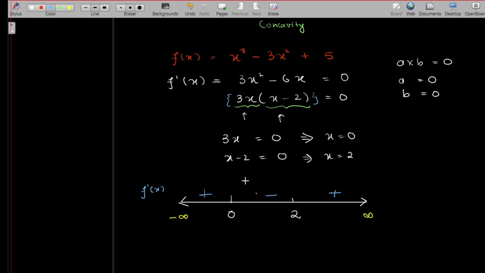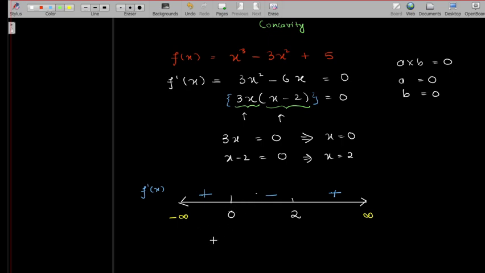So this means what, Nandana? If the first derivative is positive before 0 and negative after 0, what can you tell me about the point 0? Is it a local minima or local maxima? It's a maxima.